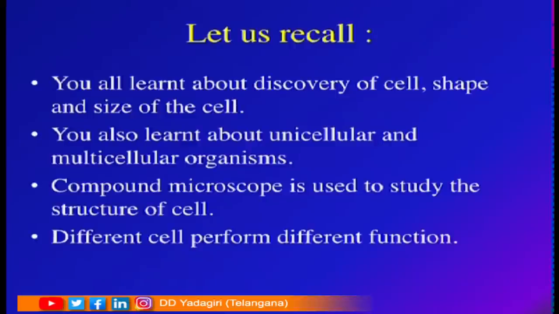Yes. Children, you all learnt about cell in your class 8. So, shall we recapitulate once? In class 8, you all learnt about the discovery of cell, shape and size of the cell. You also learnt about unicellular and multicellular organisms.